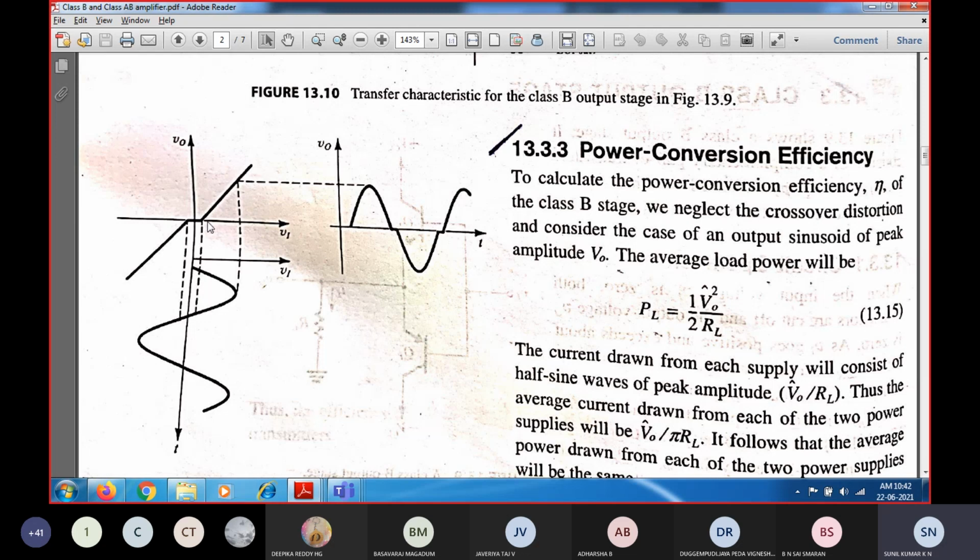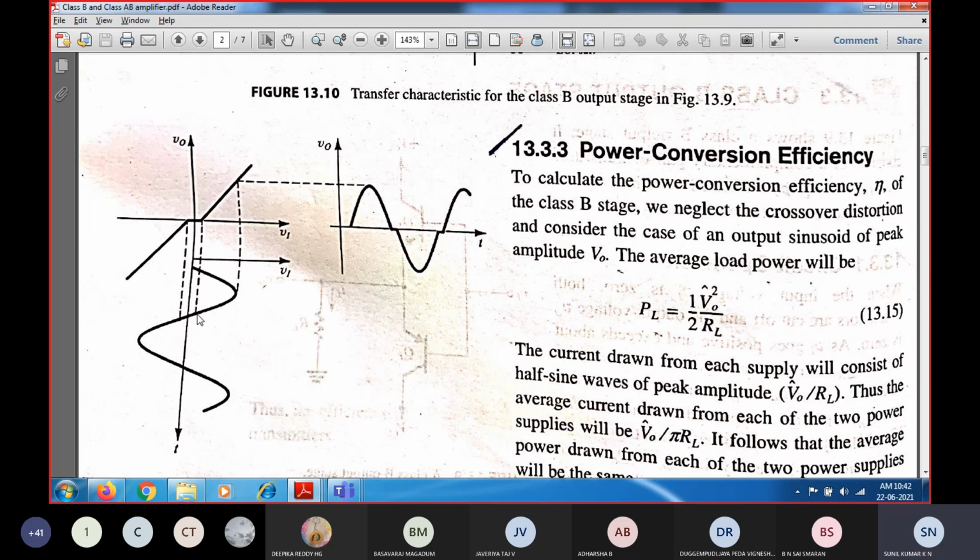And as you increase the input voltage, up to here, you can see this region. In this region, the input as well as the output are going to increase as well as decrease. As your input voltage is increasing, the output is also going to increase. And whenever the input voltage starts reducing from the maximum value to this 0.5, the output is also going to reduce.